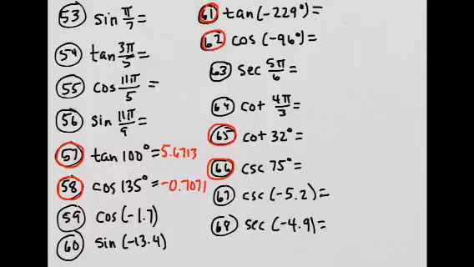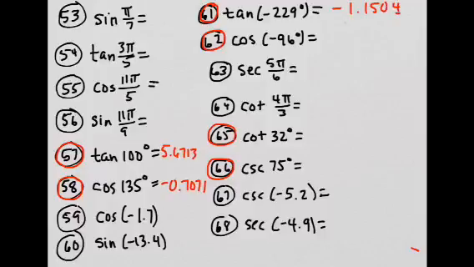Okay. And then tangent of negative 229. So you just put the 229 as a negative number, negative 229, and then find the tangent of that, and you get negative 1.1504. And again, the ending was 368, so I had to round this up to a 4.